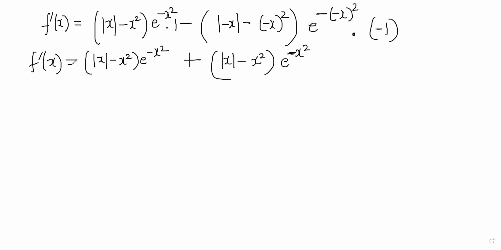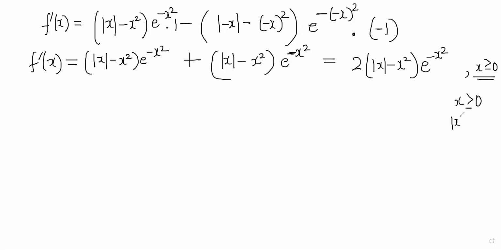So f'(x) is becoming equal to twice of (|x| - x²)e^(-x²), and this was defined for x greater than or equal to 0. That was given in the definition of f(x). So for x greater than 0, |x| is equal to x. So this is basically x - x².